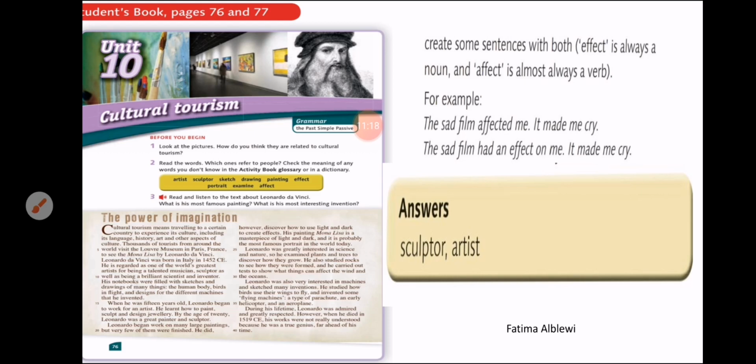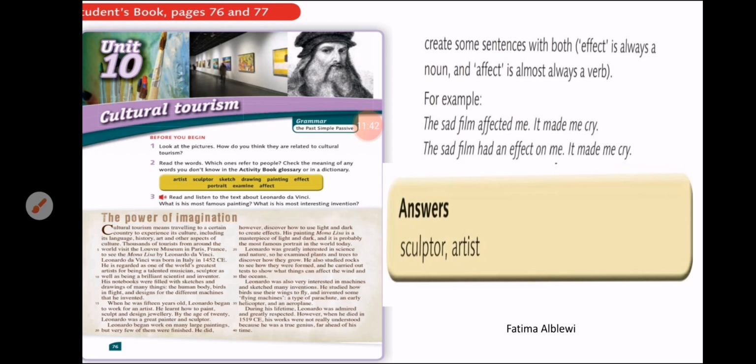Leonardo the scientist, bravo. Now he examined plants and trees to discover how they grow. They refers to what? Plants and trees. He also studied rocks to see how they were formed. They refers to what? To the rocks, bravo. He also studied rocks to see how they were formed.